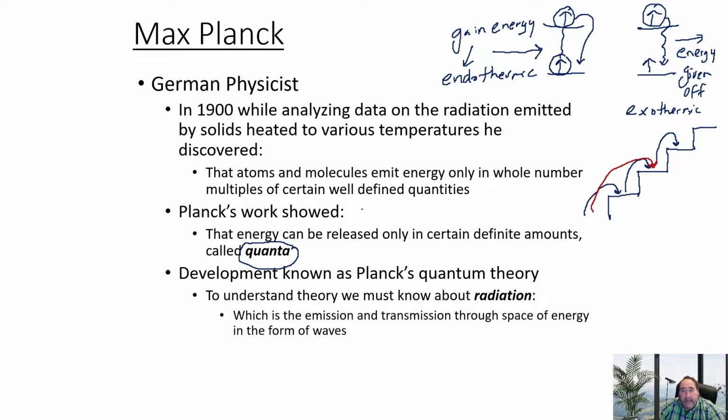And waves is basically how energy is transmitted through space. So, for example, as our electron decides to come back down to a lower state of energy, it has to give off that energy, and it gives off that energy in the form of a wave, which is sometimes referred to as a photon of light.